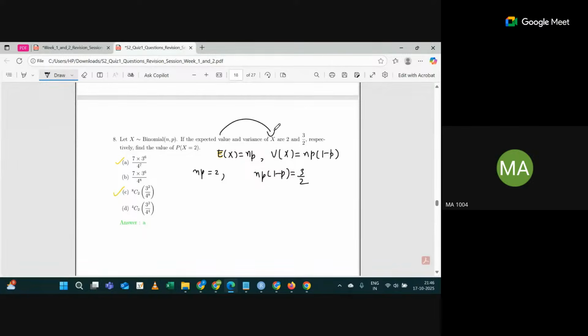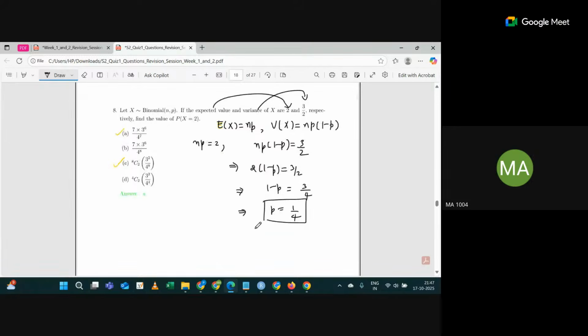Because expected value is 2 and variance is 3 by 2. So I can substitute the value of np: 2 into 1 minus p is 3 by 2, correct? From where I get 1 minus p as 3 by 4. So what is the value of p? P is 1 by 4, right? So we got the value of p. We need the value of n also. If you substitute here, what is the value of n? It's 8. Yes, sir.